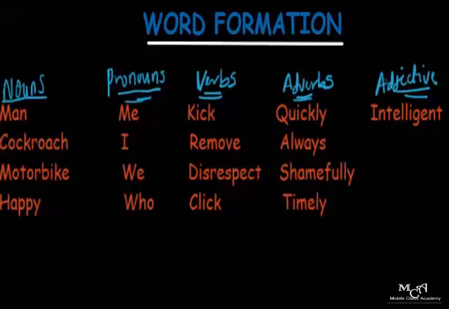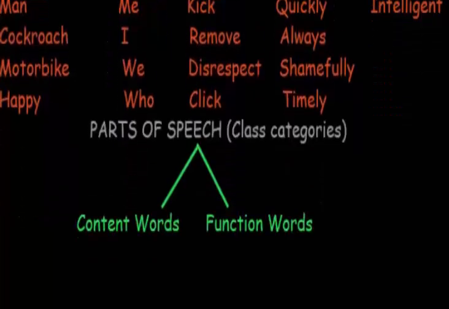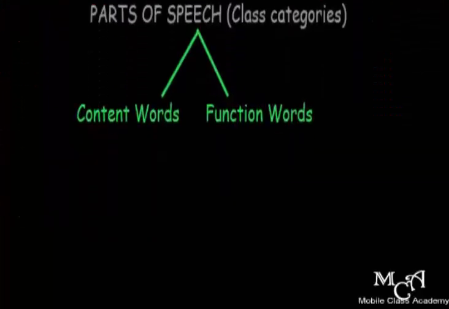There are those that are called the content words, and there are those that are called the function words. We discover that the parts of speech, also known as class category, are of various kinds.